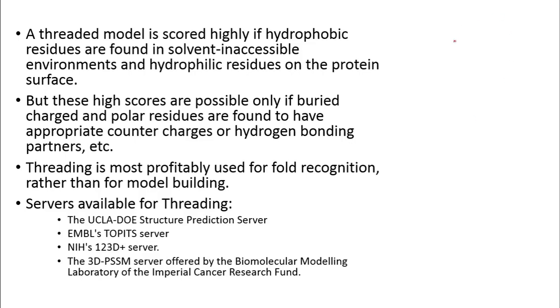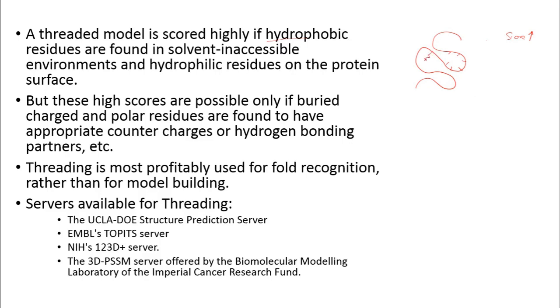Is that right? Say for example, if you have predicted a fold like this, and you have figured out that most of the hydrophobic amino acid residues are present deep buried inside the protein, that means the score would be high, right? And when will the score be high?